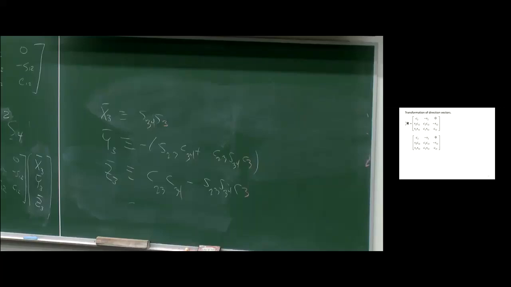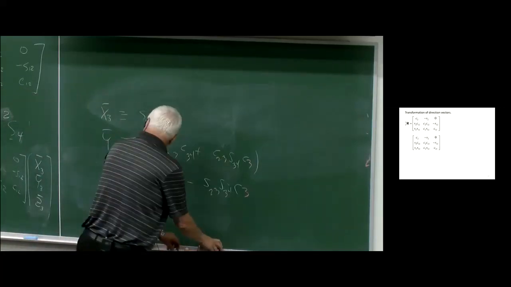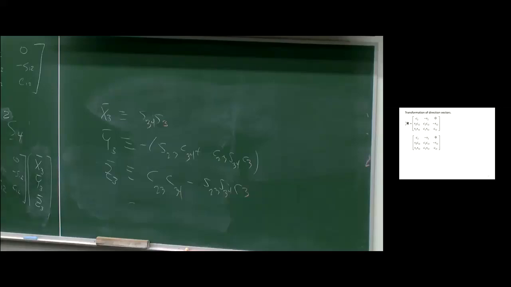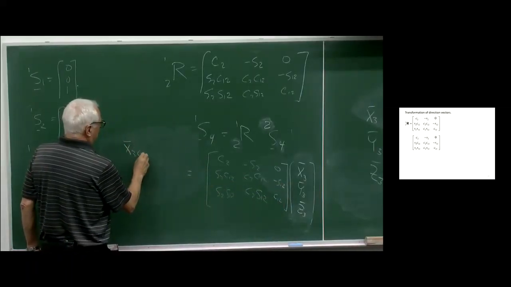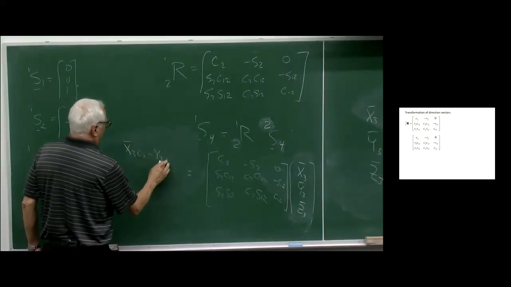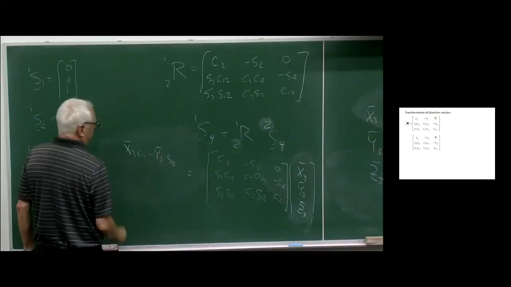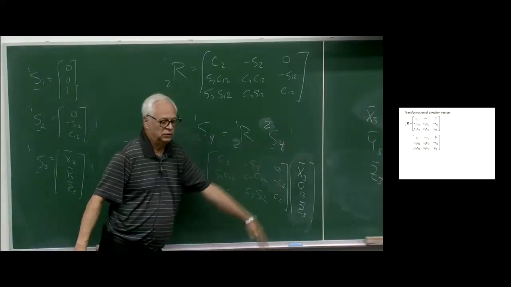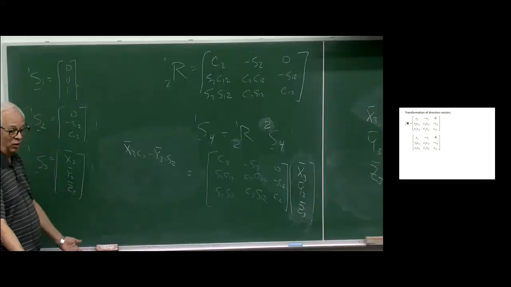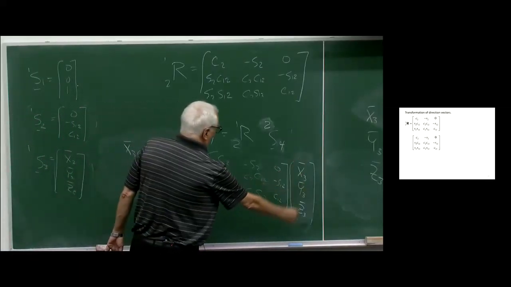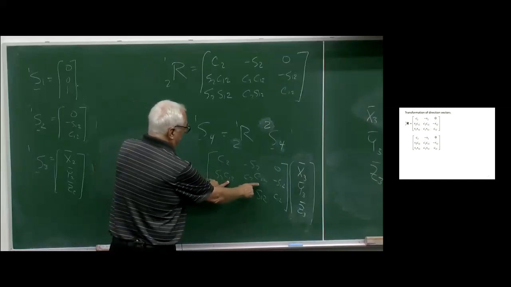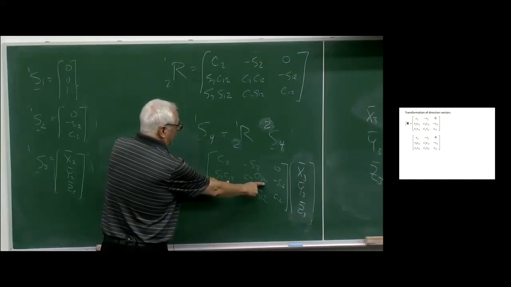So now, to get S4 in the first, we're going to take S4 in the second and bring it back through R2 to 1. Row by column. Oh, my goodness. X3 bar C2 minus Y3 bar S2. There's no magic here. It's kind of boring, but okay. Row by column. I'm going to group it by, see that C1, 2?